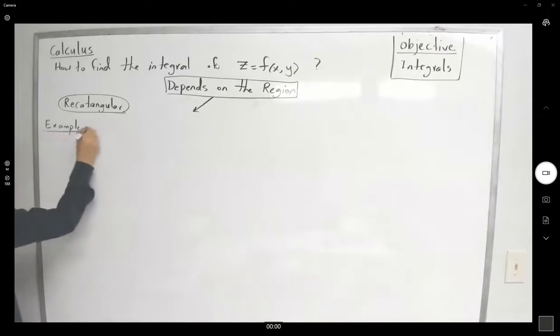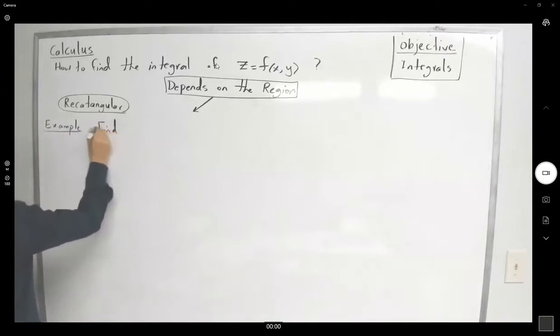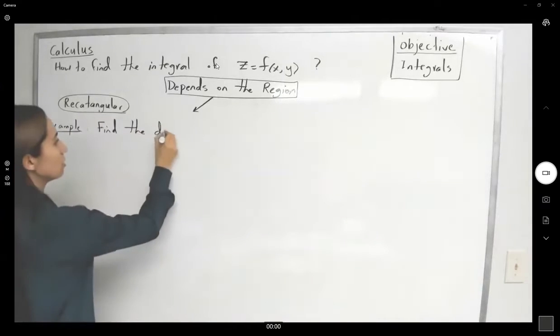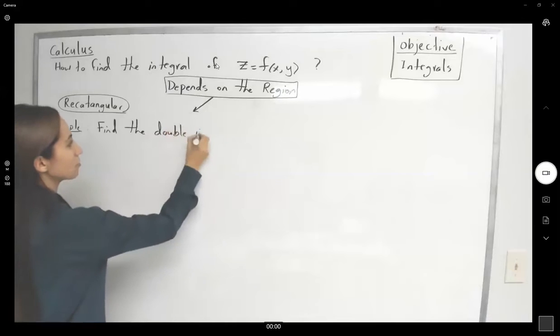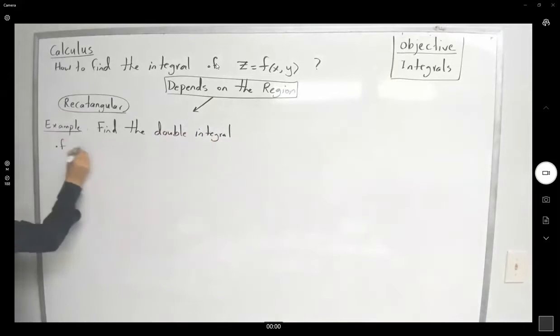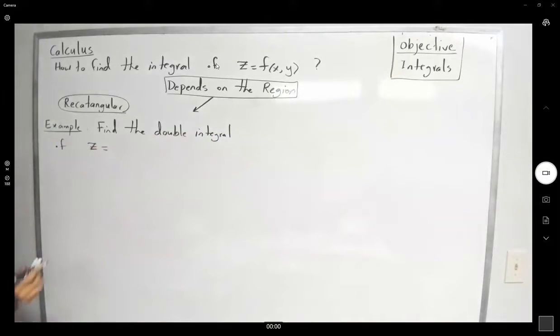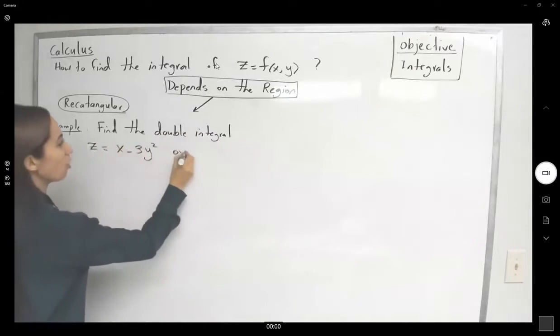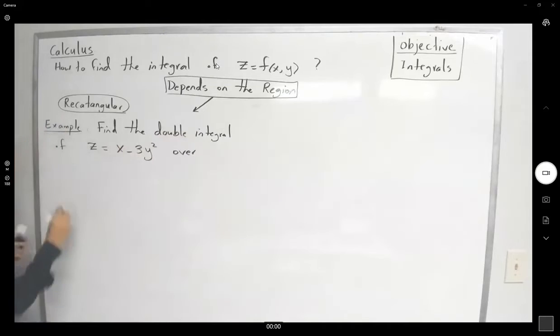This example says, find the double integral of the function z equals x minus 3y squared, over the following region.